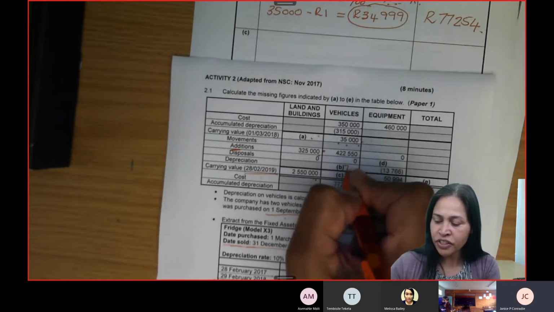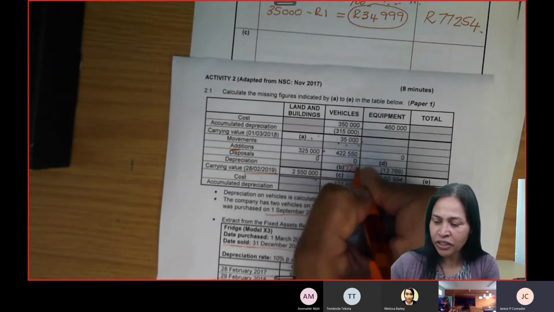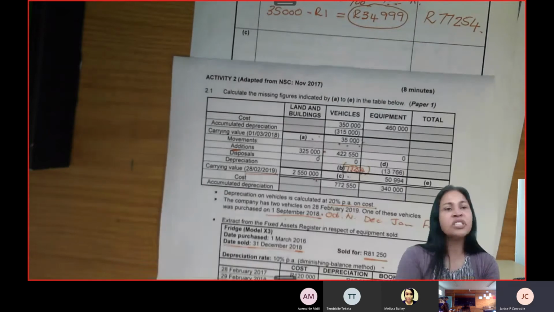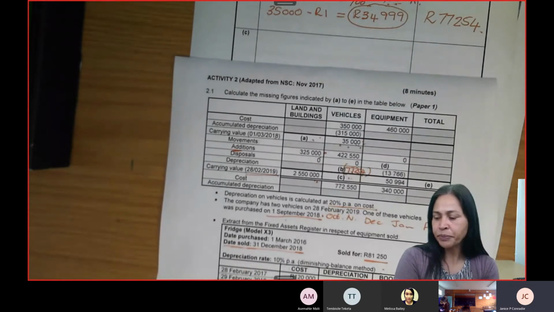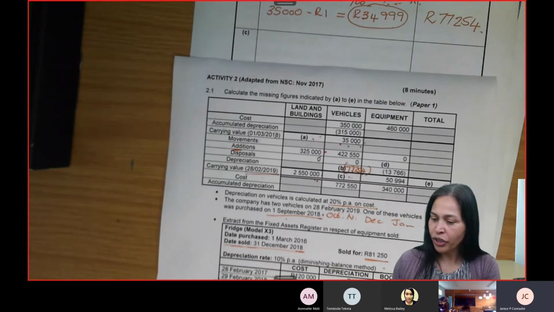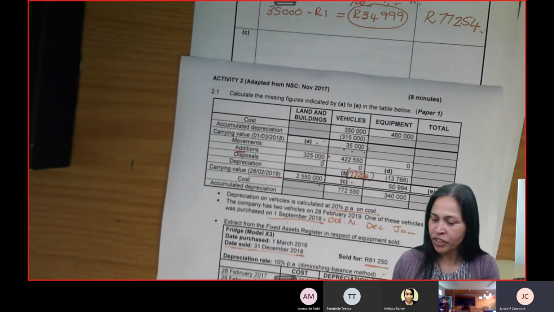That was a total of 77,254. And I'm going to put mine in a bracket because it decreases the value. So at any stage when you are ready, you give me your information there for C.